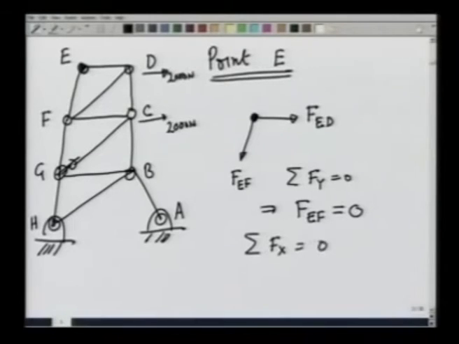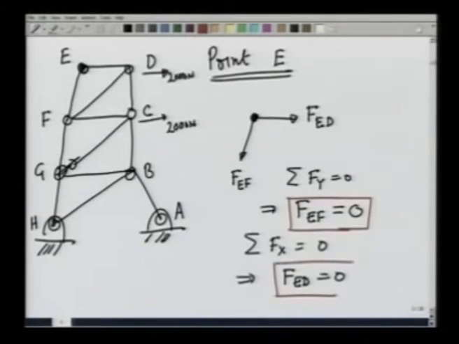If FEF is 0, then summation Fx equals 0 again implies that FED is 0. So, starting from point E, I get two answers right away, that the forces in the members FEF and FED are 0. This force is 0, this force is 0.